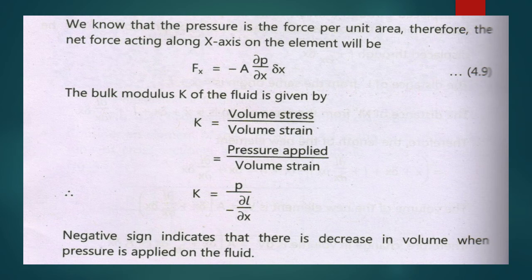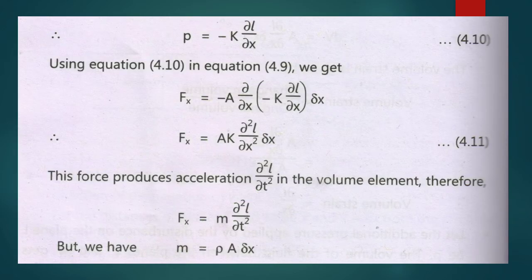Volume stress is force per unit area, which gives pressure. So pressure applied divided by volume strain equals P divided by minus ∂l/∂x. Here the negative sign indicates that there is a decrease in volume when pressure is applied on the fluid. Therefore, P is equal to minus K ∂l/∂x.